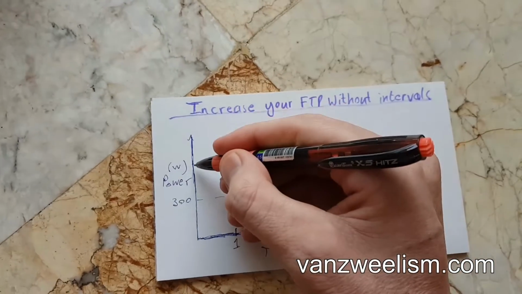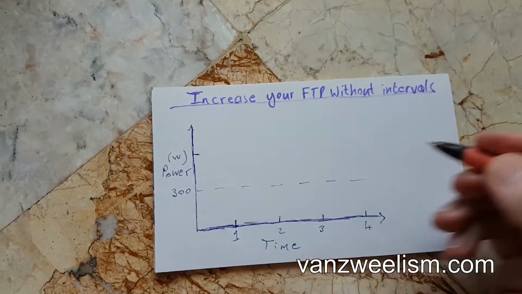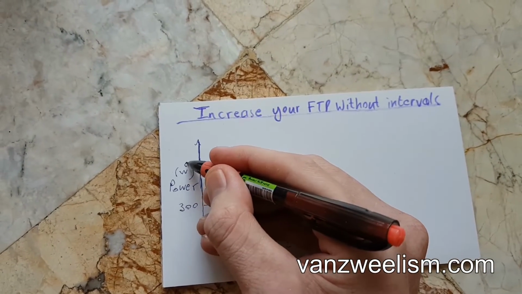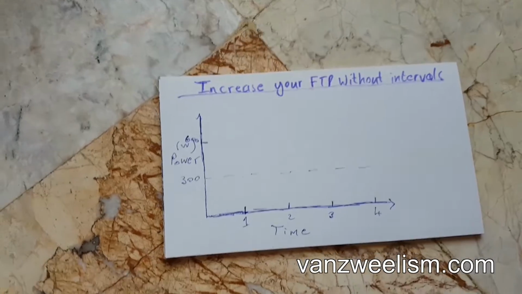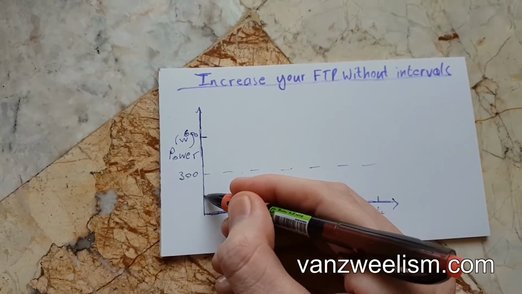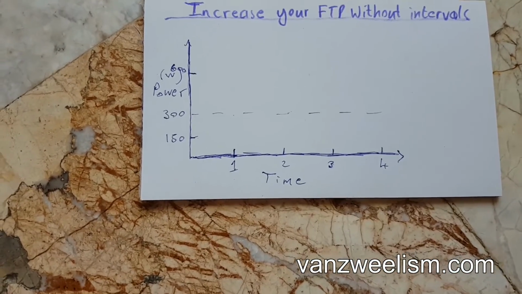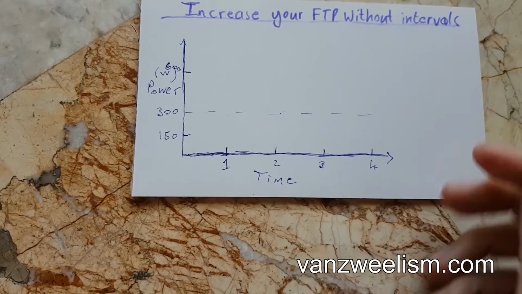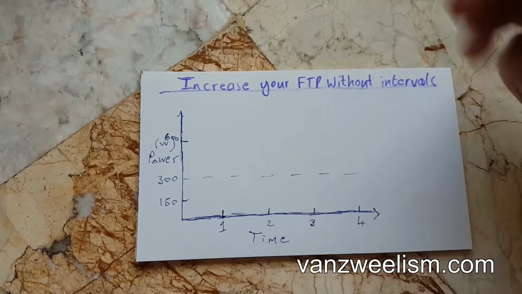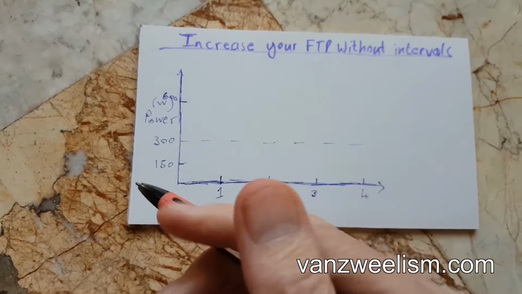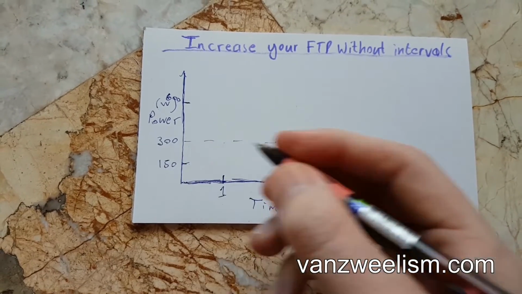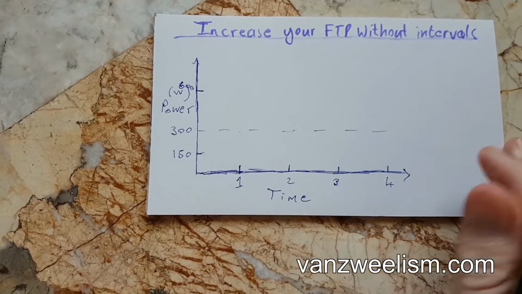And here we'll put 600 watts. And let's put here 150. Okay, so I'm not going to include the sprints in this because I'll just go right off the page, but let's just smooth it down to the longer efforts.